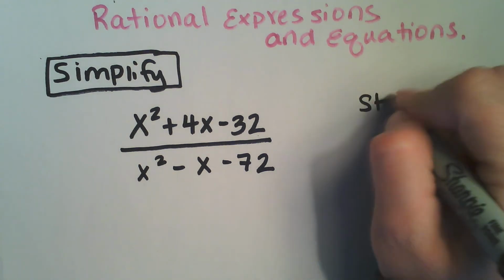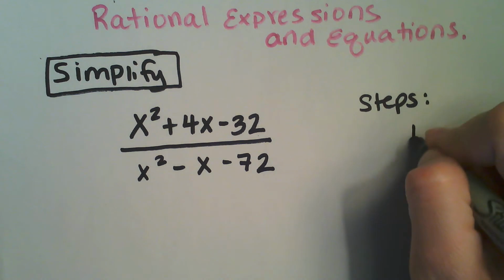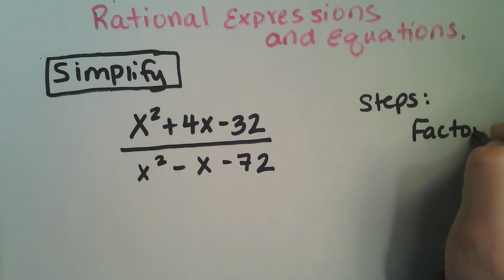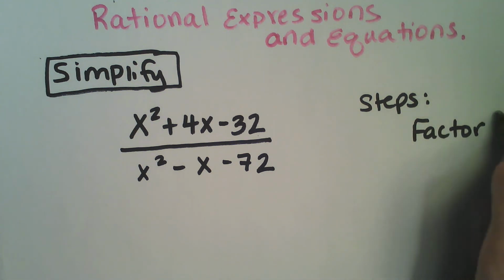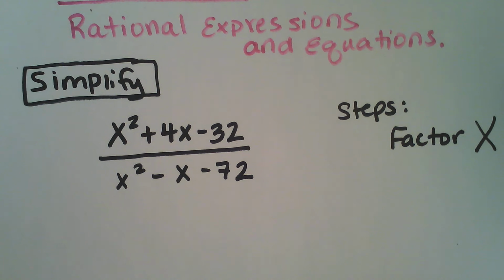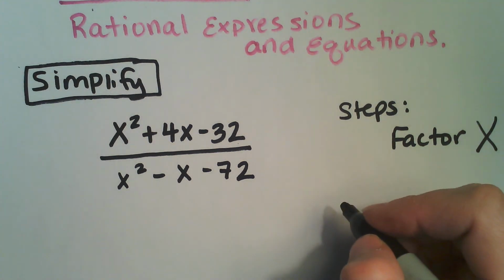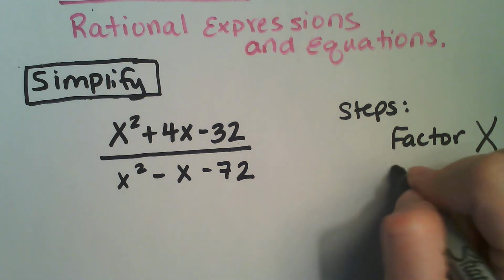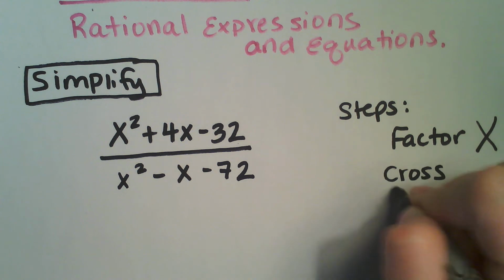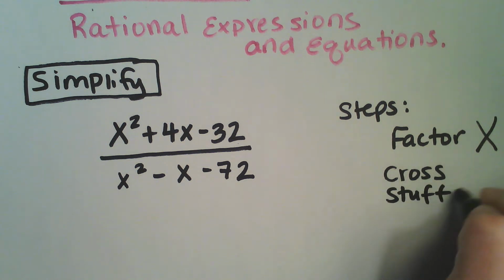So the steps are to factor using the X method and to cross stuff out.